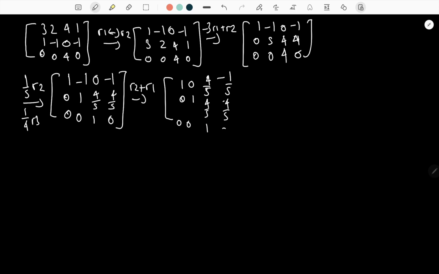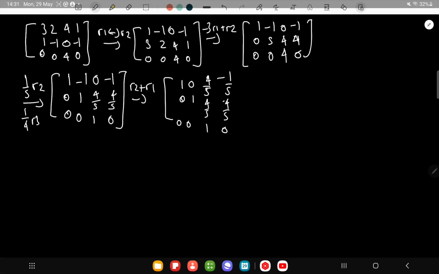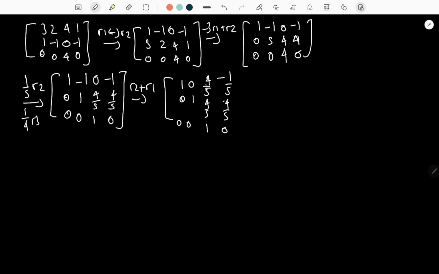0, 0, 1, 0. So now we can see that above this third pivot there's 4 over 5 and there's another 4 over 5, so we have to get rid of both of them. And to do that, it is again very simple.